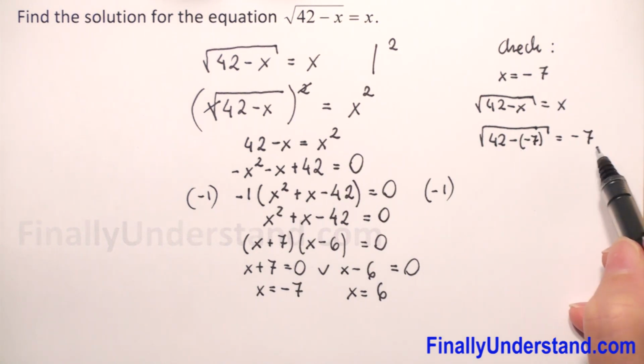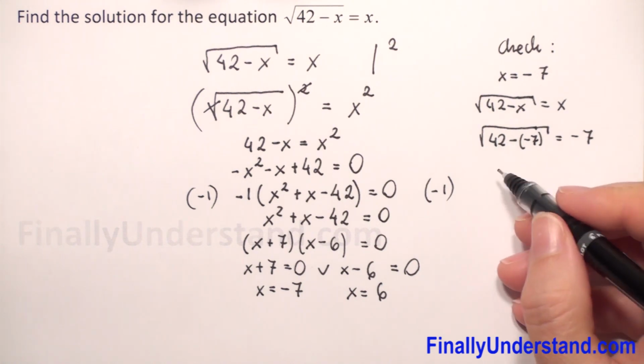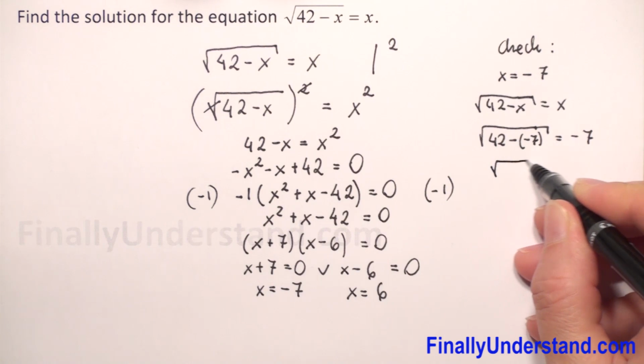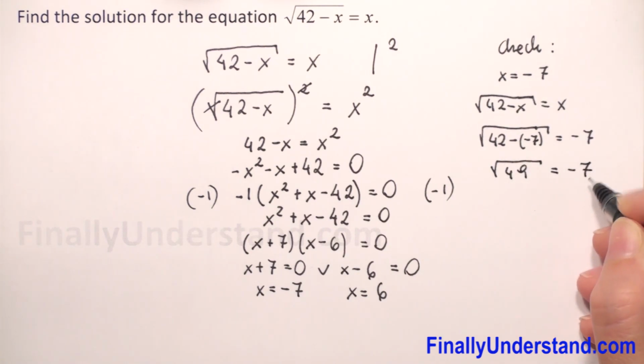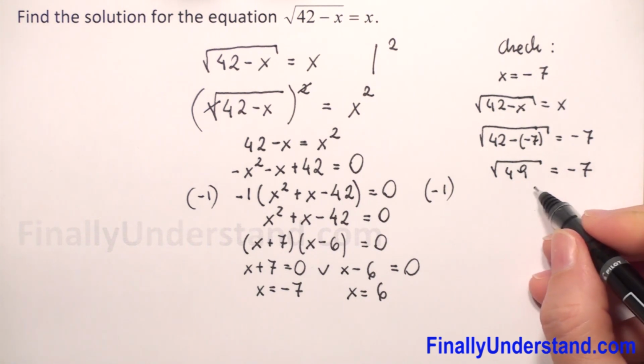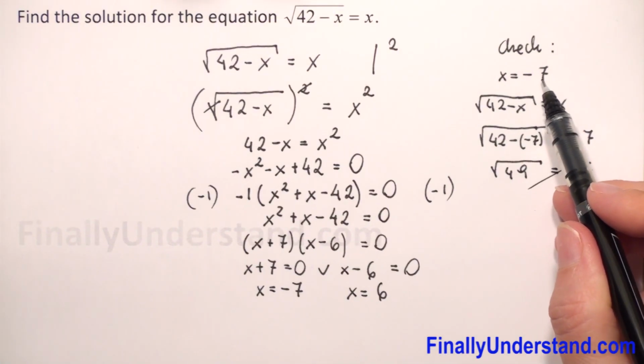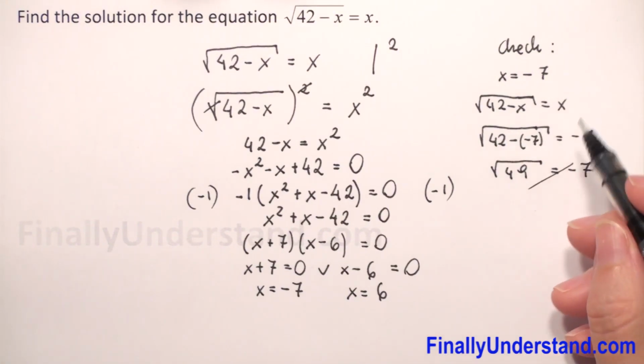A square root cannot be equal to a negative number. It's always positive or 0. So we have square root of 49 is equal to negative 7. This is impossible. So x equals negative 7 cannot be our solution.